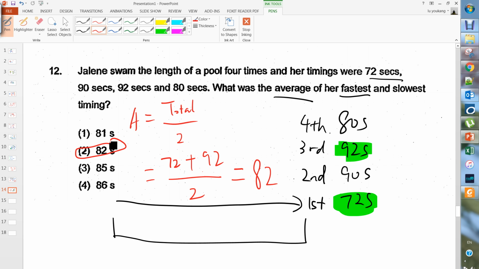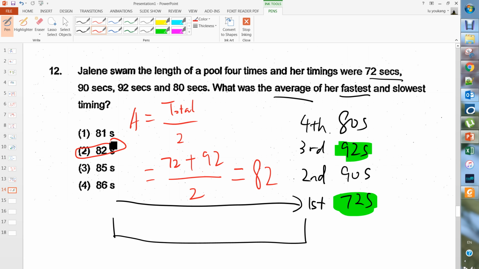Next time when you see average, what you should at least do? Next time when they ask for average, what you should at least write down is the working. You can start with the formula. You should at least write down the formula.